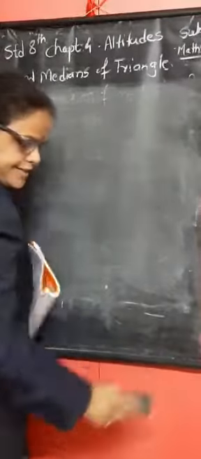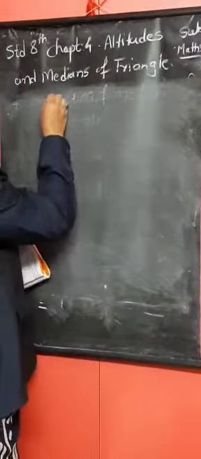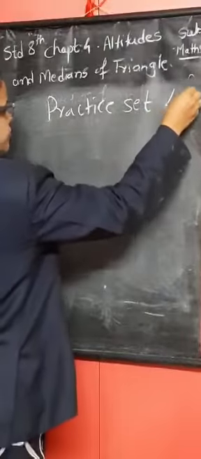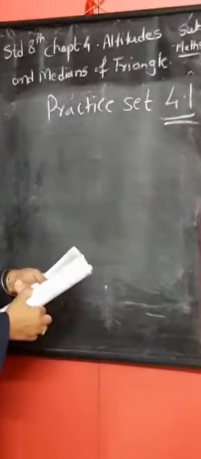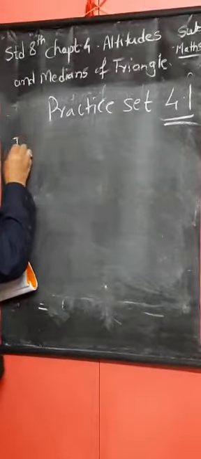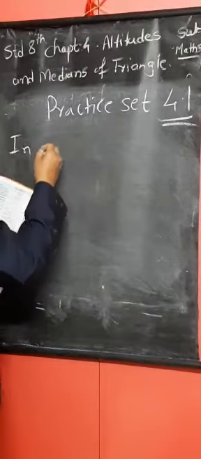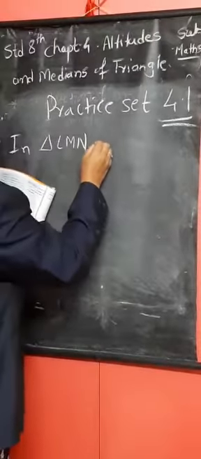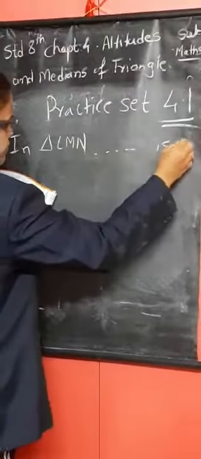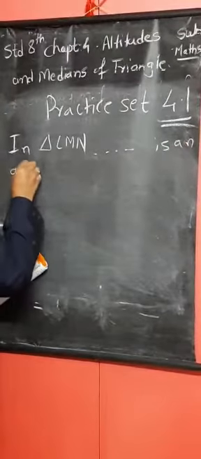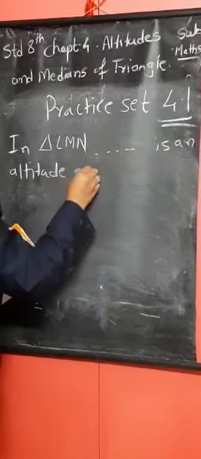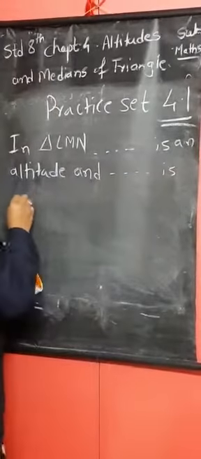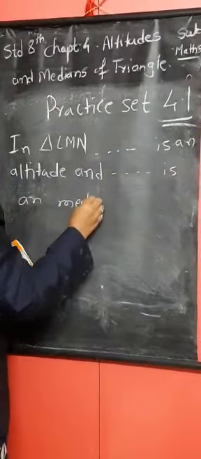Then we solve an example in practice set 4.1. In triangle LMN, dash dash is an altitude and dash dash is a median.